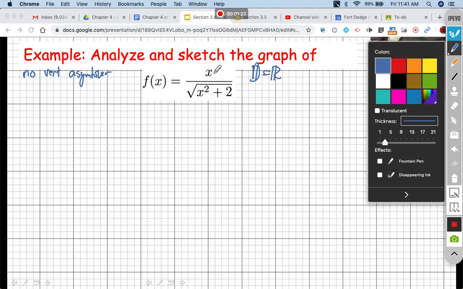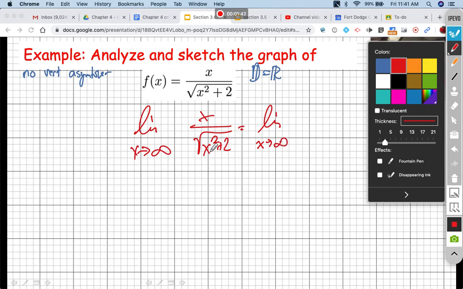So I want to look at the end behavior, what the horizontal asymptotes are going to look like. So let's look at the limit as x approaches infinity of x over the square root of x squared plus 2. We're going to divide top and bottom by x.